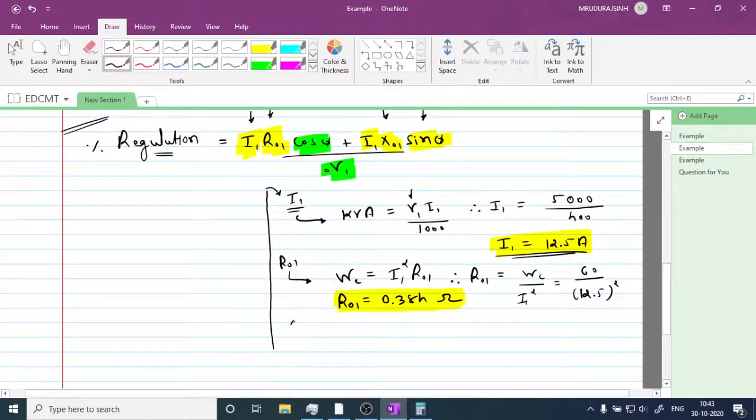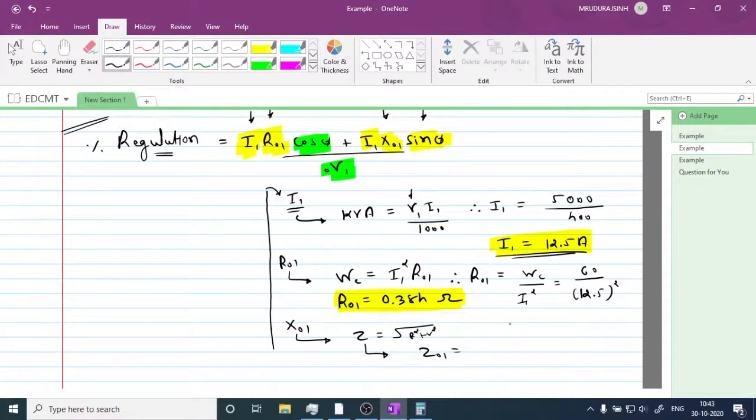X01. Let's calculate it. How to calculate X01? It is simple using this equation: Z is equal to under root R square plus X square. So first we'll find Z01, which is the impedance referred to the primary side, that is voltage divided by current.